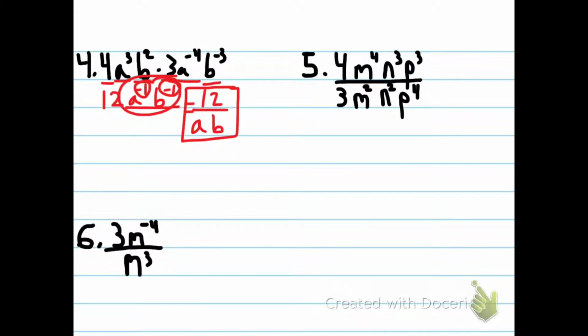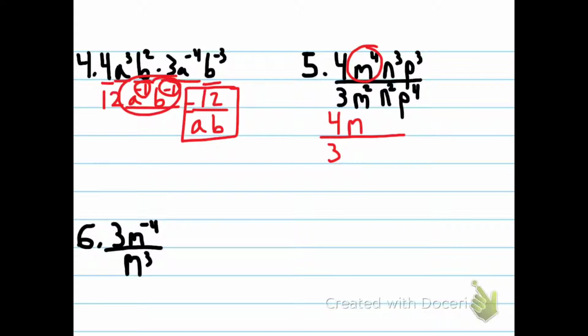For number 5, since you can't simplify 4 over 3 anymore, you could just copy down 4 over 3. And remember, since we're dividing these exponents, you have to subtract the exponents. So m to the fourth minus m squared is m to the second, and since this side with the 4 has more m's, you put it on the 4 side.